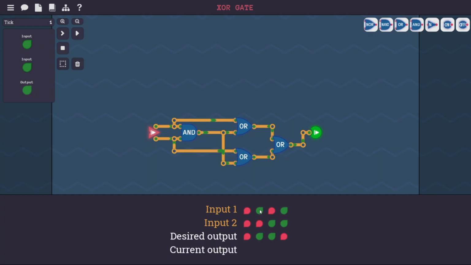This other one where our output is green, it becomes A, since A is green, and B times B naught. Then that is the formula that we need to construct the logic gate.